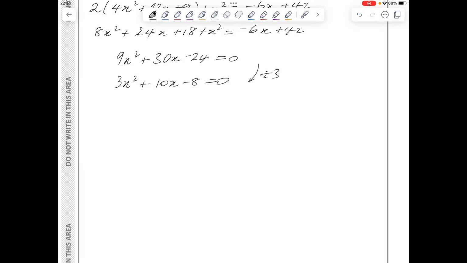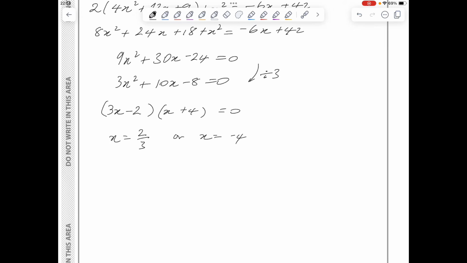You can use factorization, completing the square or the quadratic formula. I'll go with factorization and get 3x minus 2 times x plus 4 is equal to 0. So x is equal to 2 over 3, or x equals minus 4.